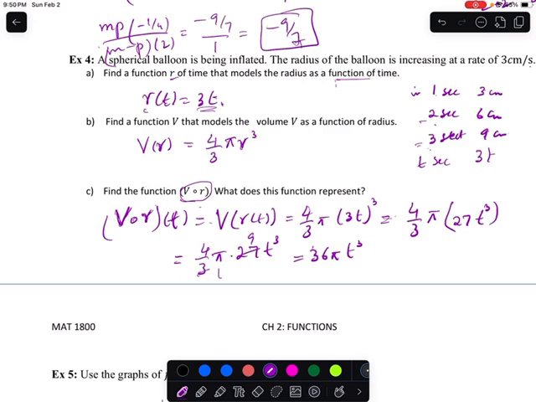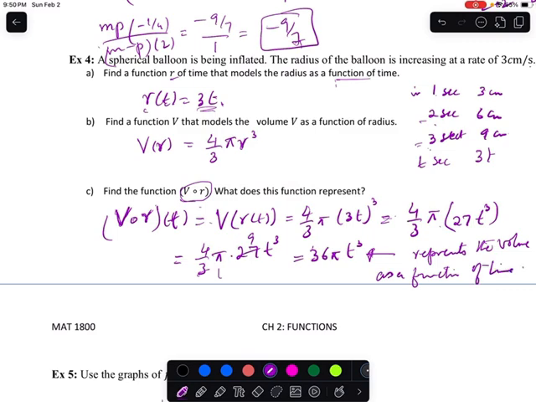So this represents the volume in terms of time, the volume as a function of time.